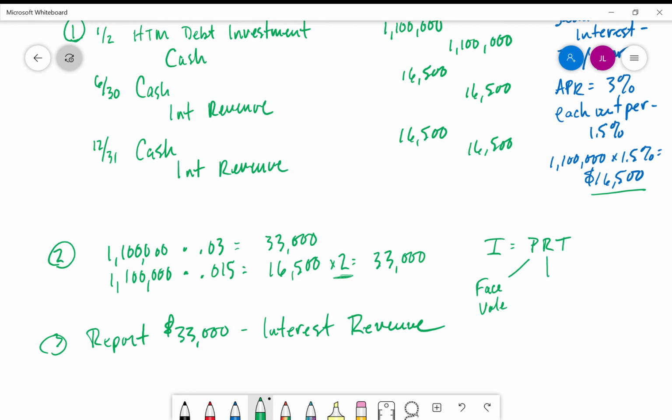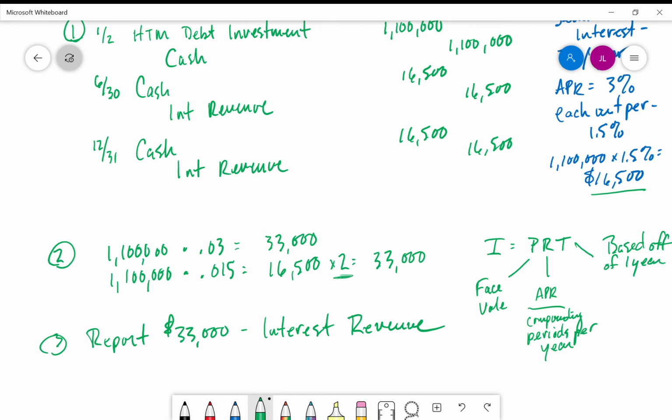Our rate is typically our APR divided by compounding periods per year. And then time is always based off of 1 year.